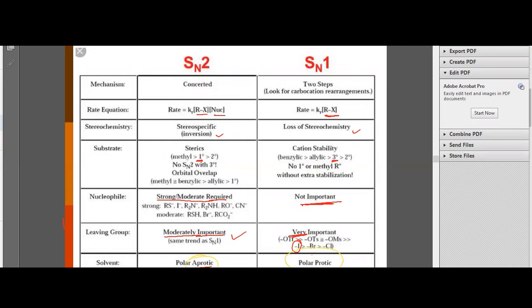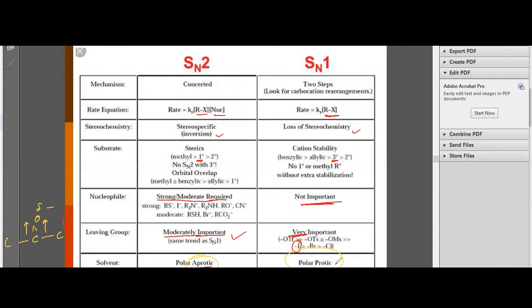But polar aprotic means polar but cannot release a proton. For example, propanone is polar but cannot produce H plus, cannot produce a proton, right? So this is the solvent for SN2 reaction. But for SN1, polar protic.